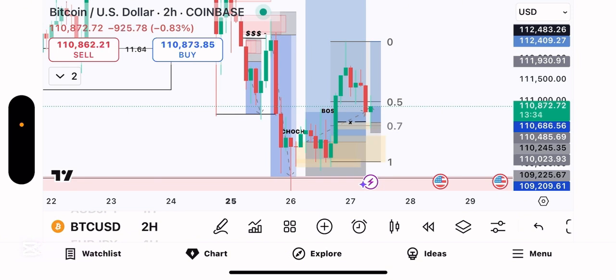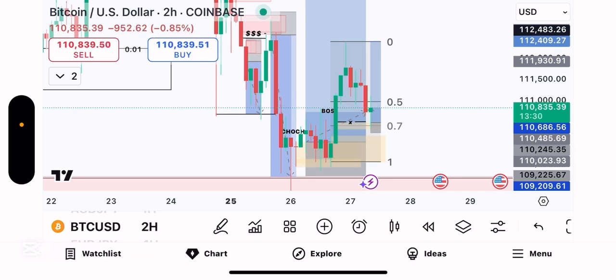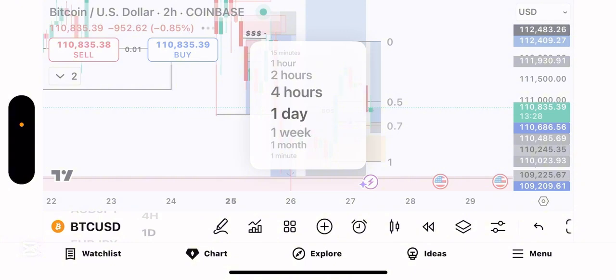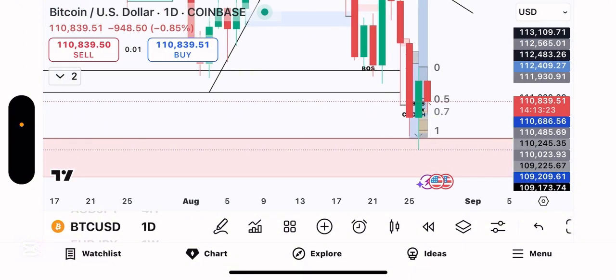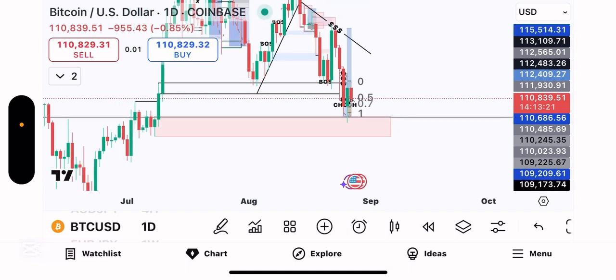Now, let's do a quick preview of where we are currently and why we took the trade, for those of you who have not watched the last video and our analysis. So here's the chart update.